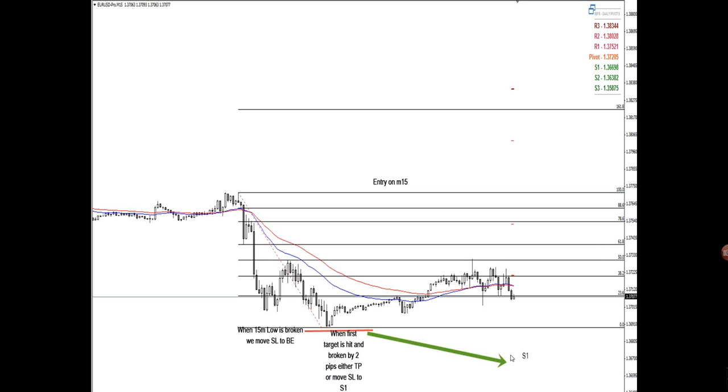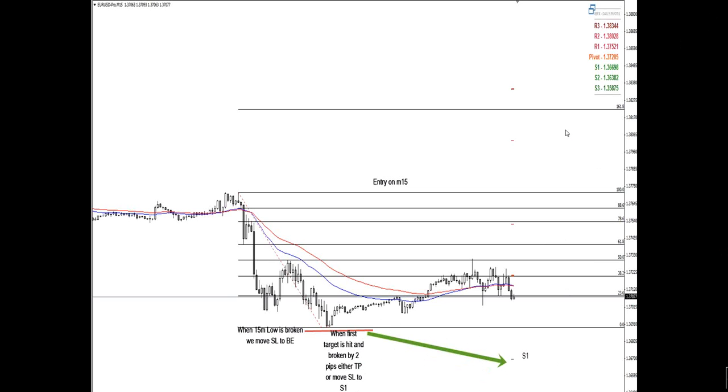It can be called intraday because it's almost 50 pip. But when first target is hit and broken by 2 pips, you should either close it or move stop loss to S1.